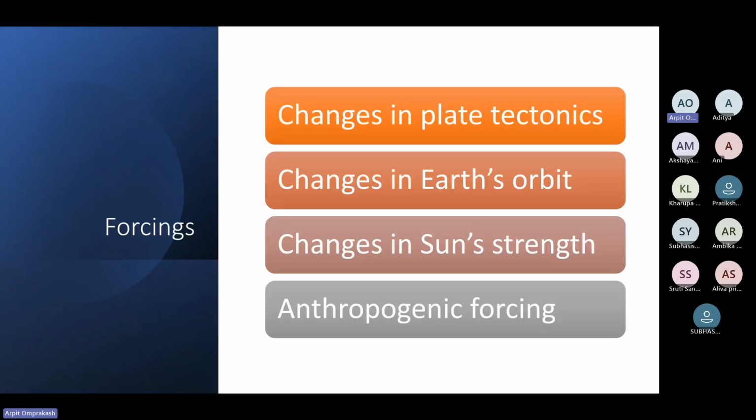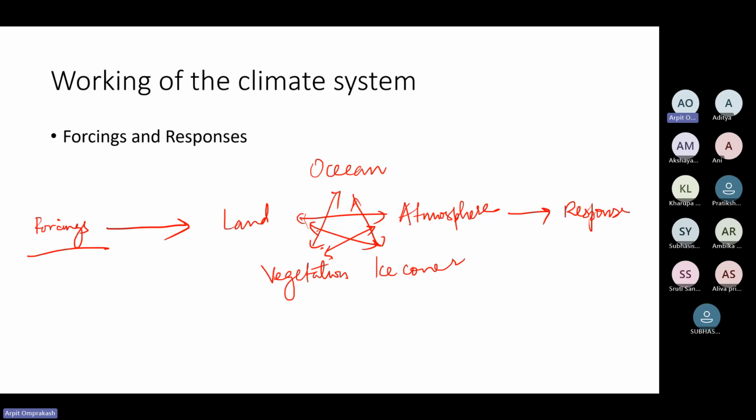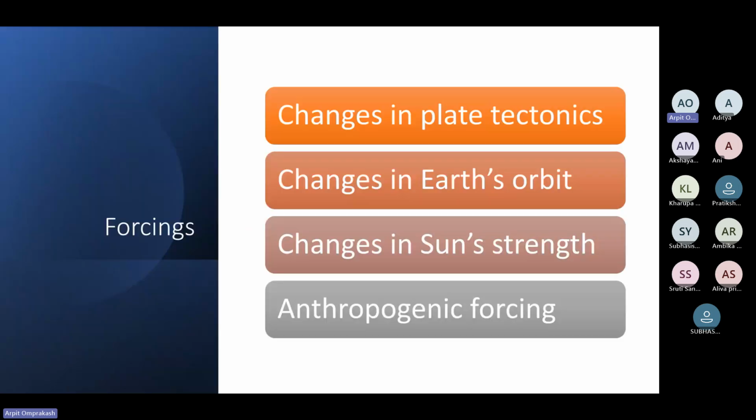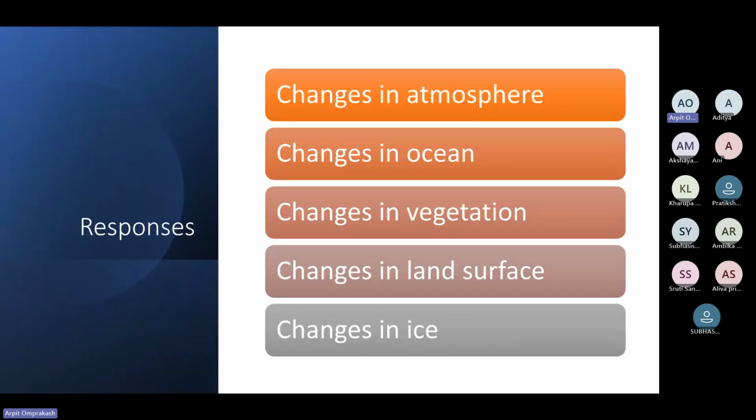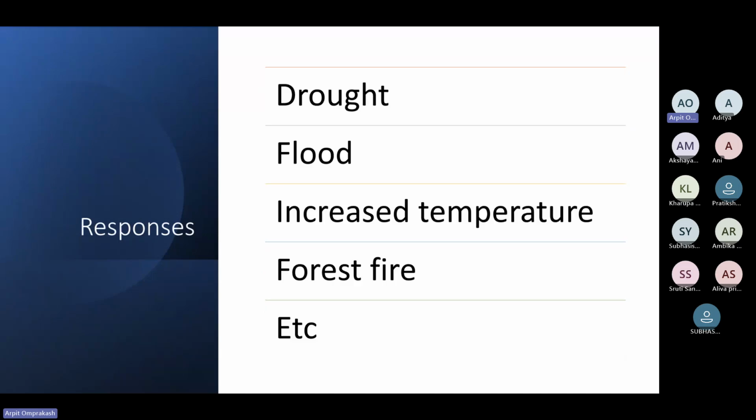And the fourth thing, which we are most interested to know about, is anthropogenic forcing. So how do anthropogenic changes change the climate system to produce a response? Now, what can be a response? A response can be a change in atmosphere, ocean, vegetation, land surface, or ice.